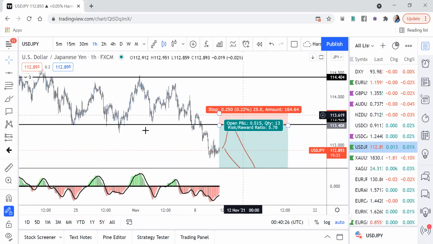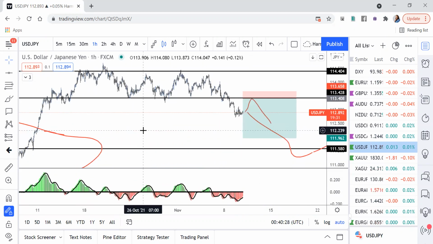Then you can start to get sweet entries once you understand, like the GU trade that I showed you guys I got in today. All right. So this is the analysis on UJ. Look at that. Like I didn't talk about UJ earlier. I'm telling you it now.